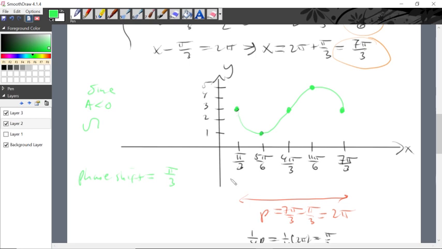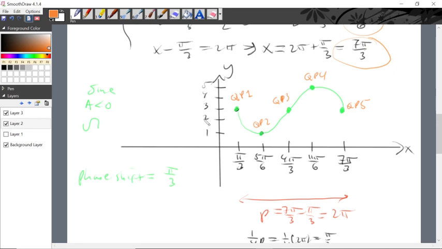It is, in other words, the x-coordinate at quarter point 1. This was quarter point 1 right here. I can see its coordinates because I labeled the axes with exact values. I know that it's located at pi over 3, 3. This is quarter point 2 right here. This would be quarter point 3. This is quarter point 4, and this is quarter point 5.